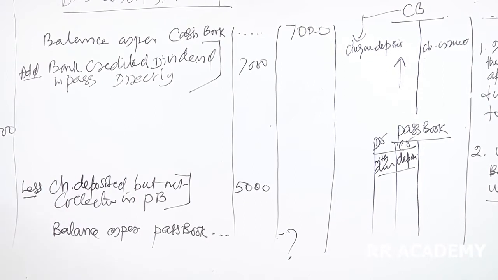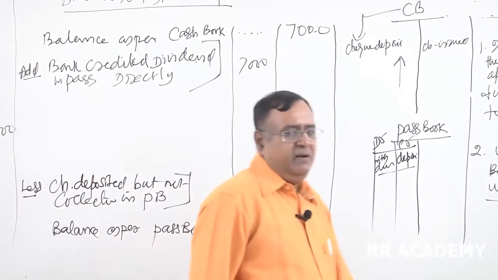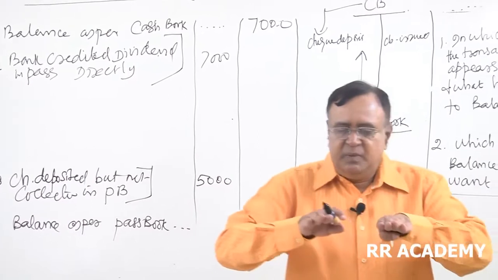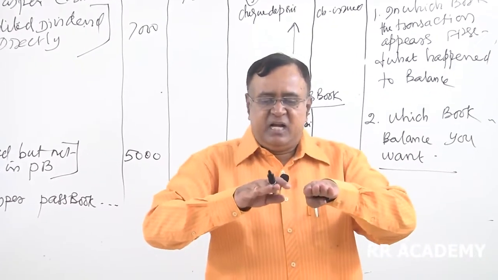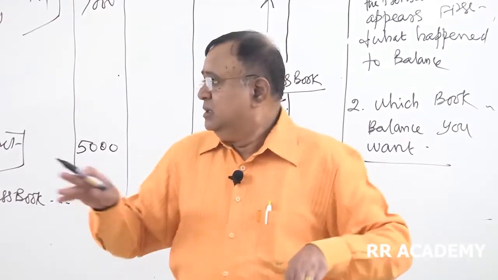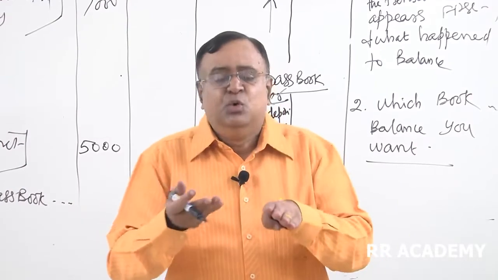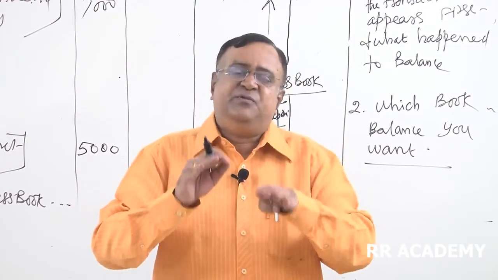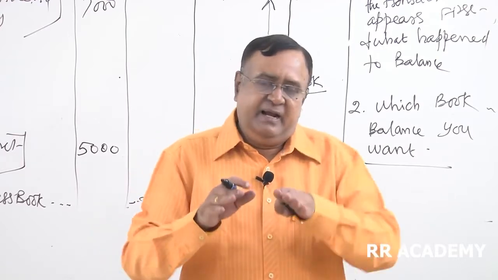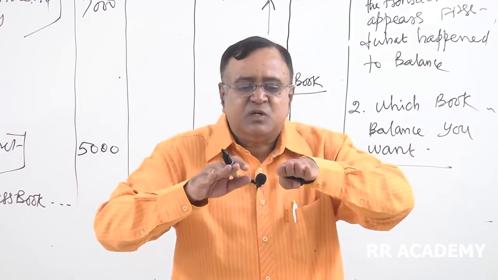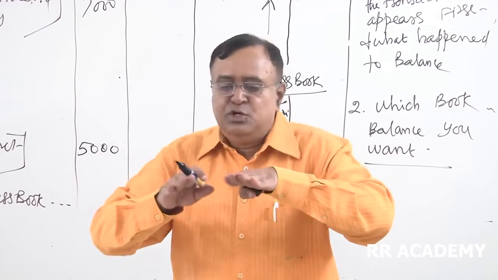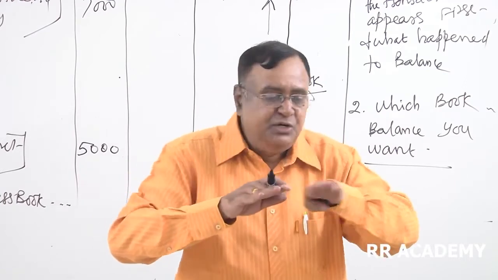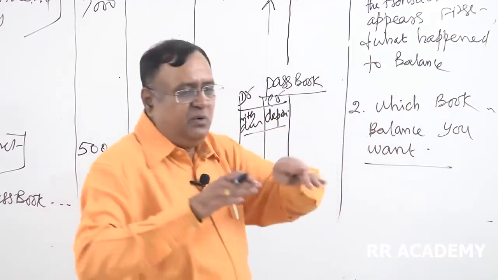Third one. Again, cash book, passbook. Left hand side cash book, right hand side passbook. Check issued. Simple: check always cash book. C for C, please remember like that. When a check is issued, two questions we have to ask.